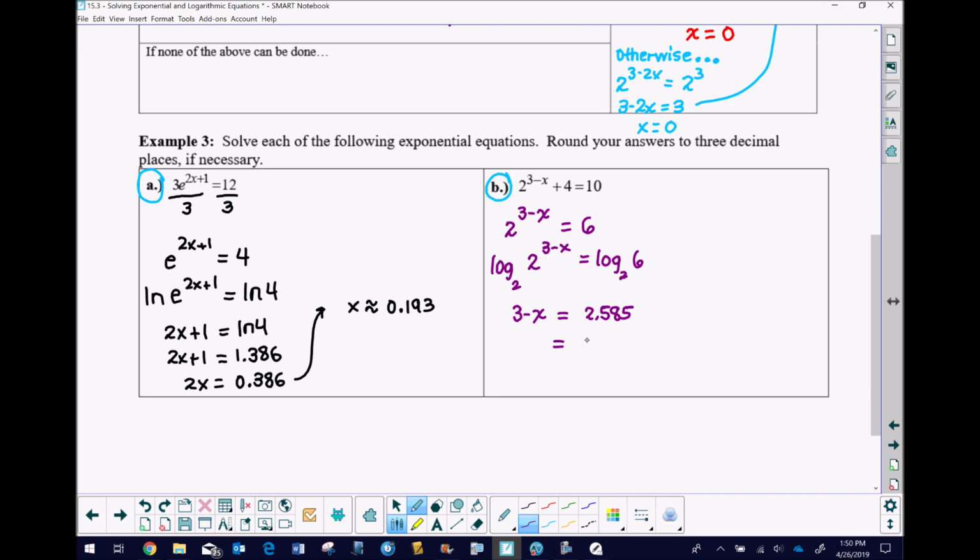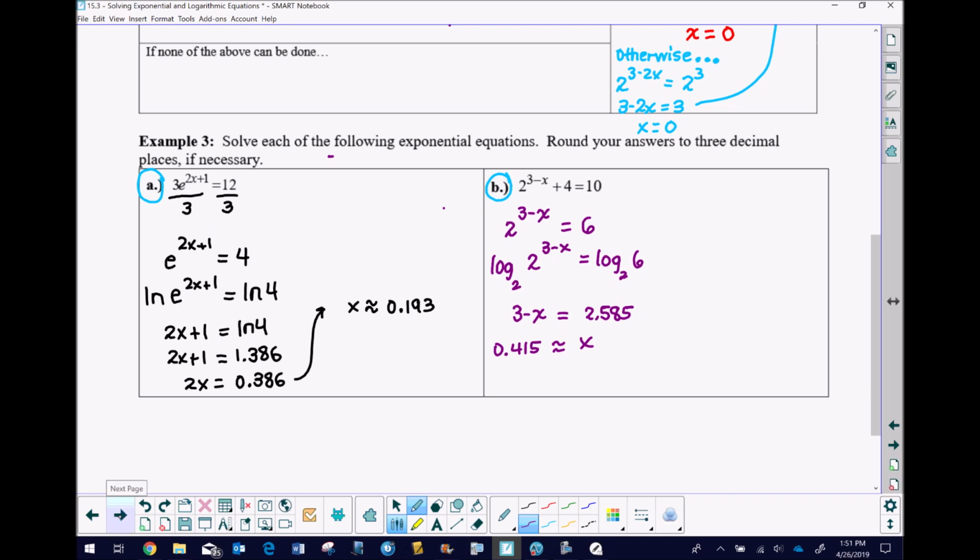And now, if we add x to the right, we would subtract 2.585 from 3, and I think we get what? 0.415. I'll let you guys verify that, but I think that's correct. You could also use that calculator if you had to there. All right, and again, technically this is an approximation.